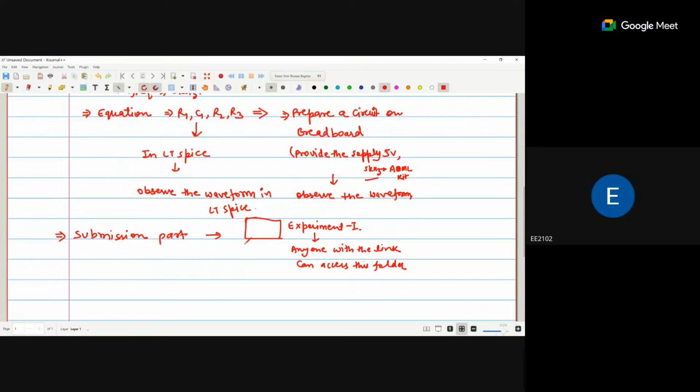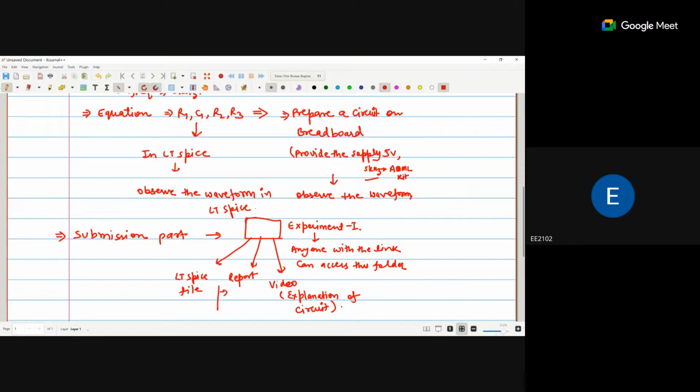Now in this folder you have to put three things. One is your LTspice file. One is your video, that is basically the explanation of the circuit. And third one is the report.